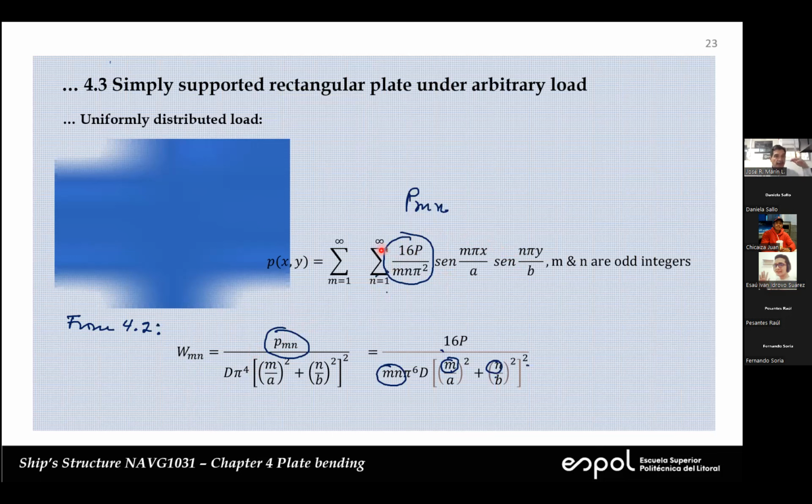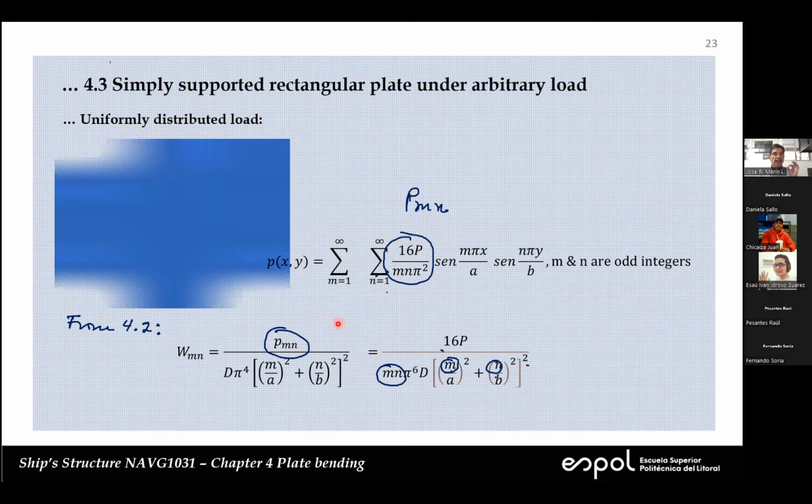Now, for this specific case of the uniformly distributed load, we have gone through this topic many times, and that's something we have to emphasize. This result, this PMN, is specifically adequate for this type of loading. If you have a different type of loading, then you have to complete the integration, and you're going to obtain different values for this term. So we replace this into here, and this is what we obtain.